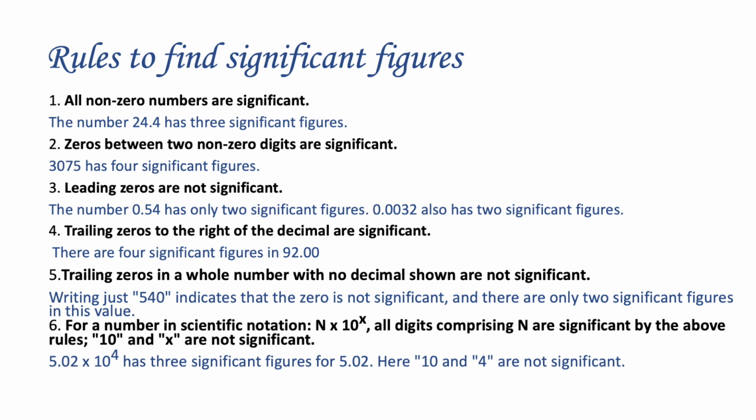For a number in scientific notation, n times 10 to the power x, all digits comprising n are significant by the above rules. 10 and x are not significant. 5.02 times 10 to the power 4 has 3 significant figures for 5.02. Here 10 and 4 are not significant.